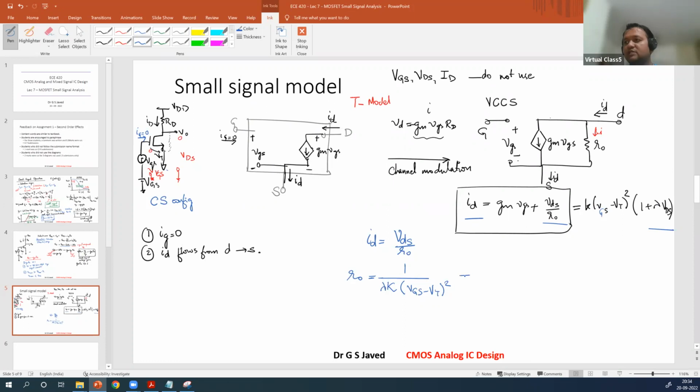Now, what does this relationship look like? This relationship typically looks like R0 is 1 over lambda times K times (VGS minus VT) whole square, which is ID. So this is another relationship of output resistance with the drain current that we follow.